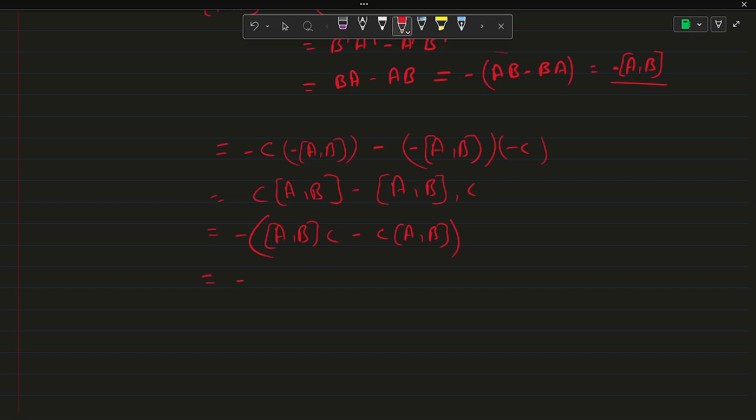So we can further write it as the commutation of AB with the commutation of C. So the first term is anti-Hermitian.